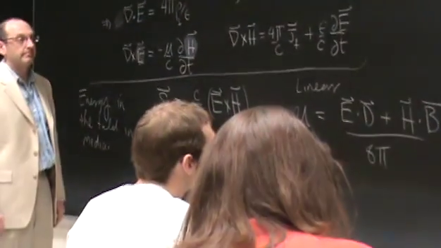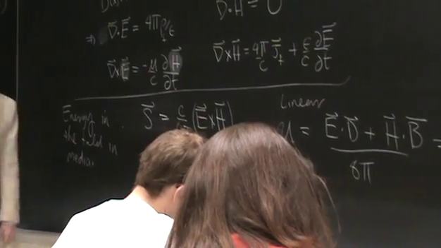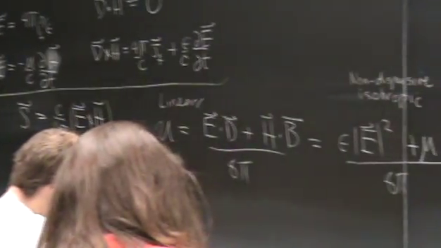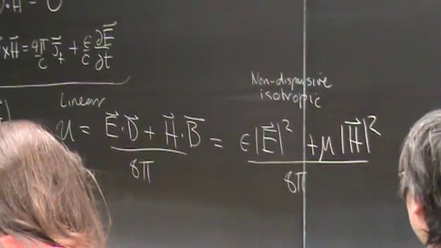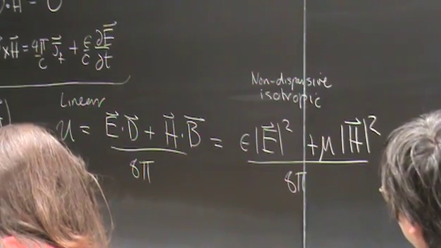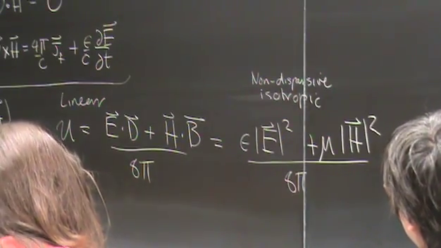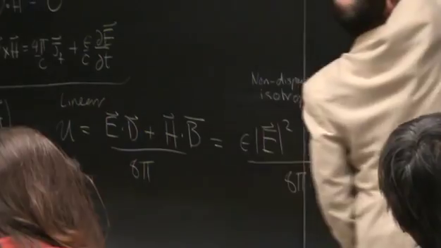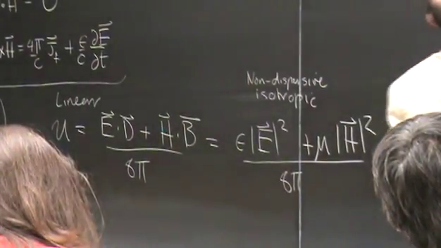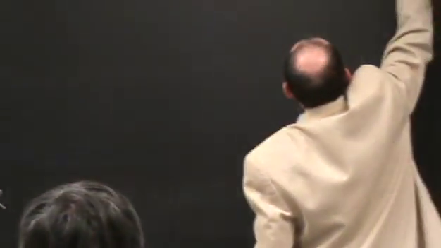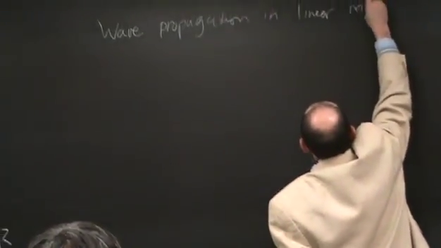Okay? All right. So now what I want to talk about today is wave propagation in linear media. And what I mean by linear is what we just discussed over there.